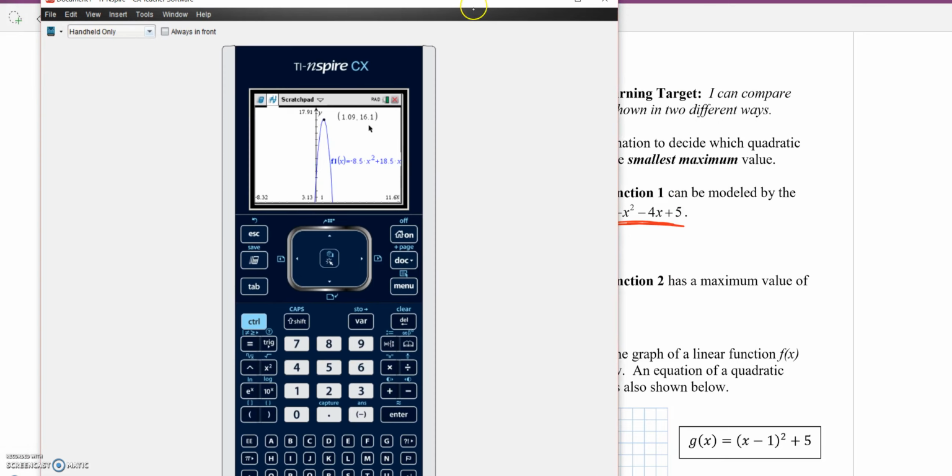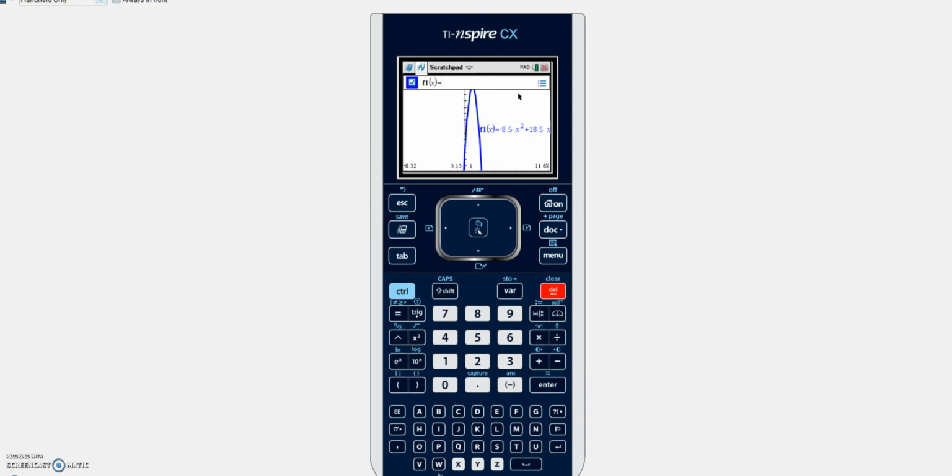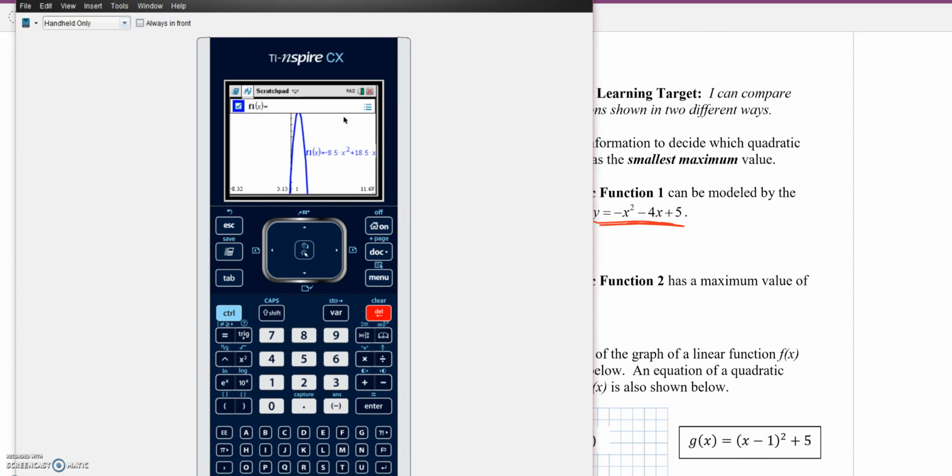All right. So again, I'm going to clear my graph out, and I'm going to put in my function negative x squared minus 4x plus 5, and I get this function. So I want to know what that maximum value is.